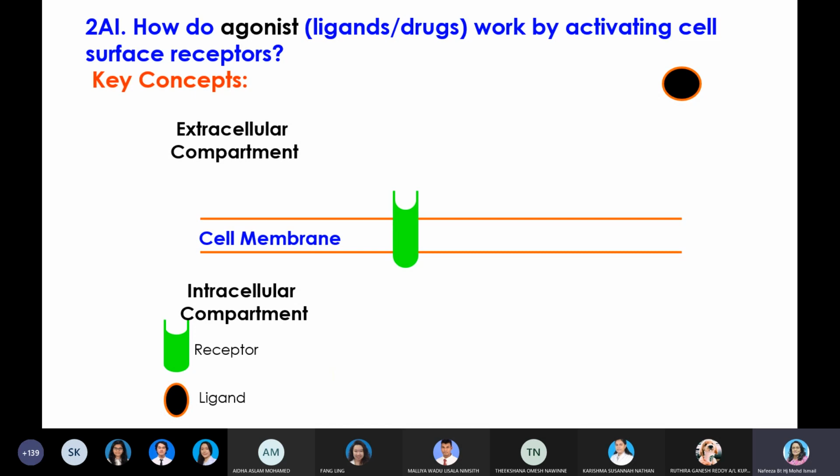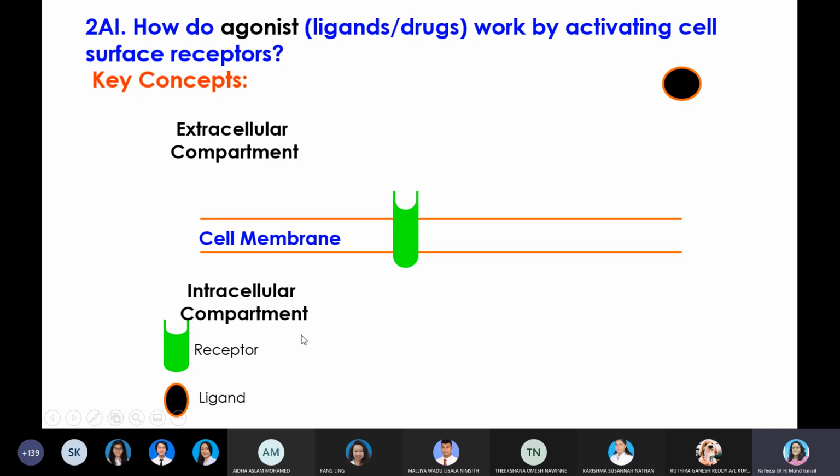Now look, this is how agonist. I'm going to go through with you on this slide the key concepts. This cartoon depicts this part, follow me, this part is outside the cell, extracellular compartment. This is the cellular membrane.